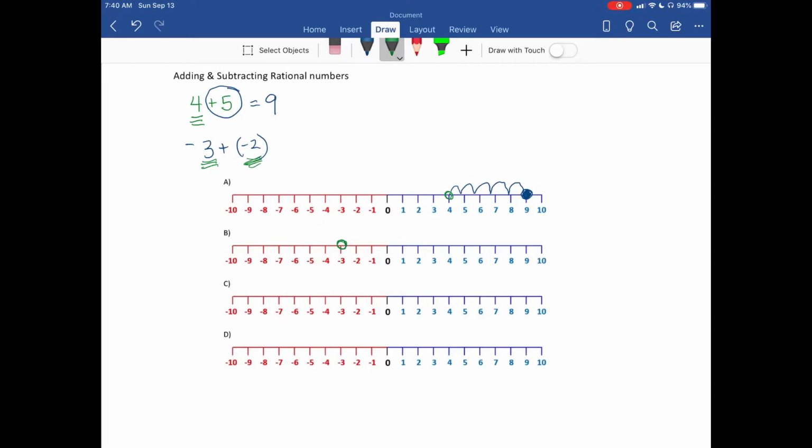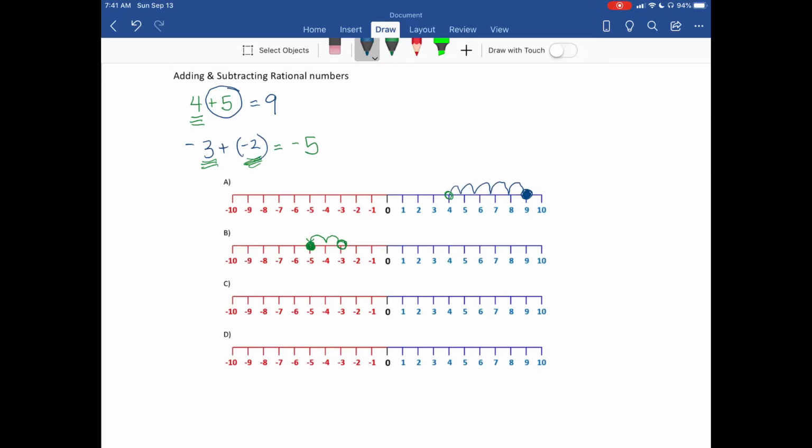So that means I'm going 2 in what direction? The left. I'm going 2 to the left because it's negative 2. And that leaves us with our sum of negative 5. So negative 3, add another negative 2 to it, leaves us with negative 5.